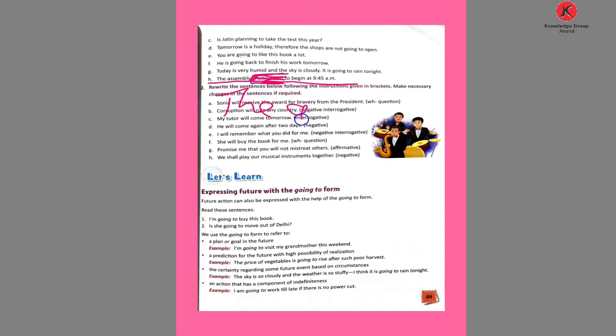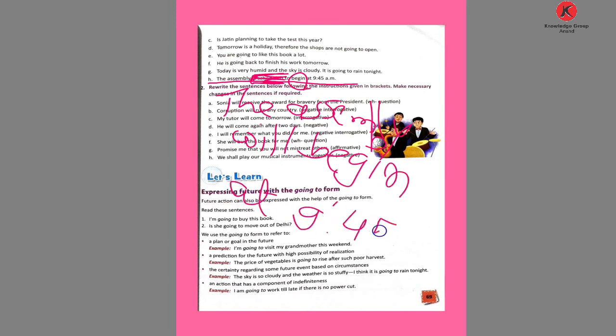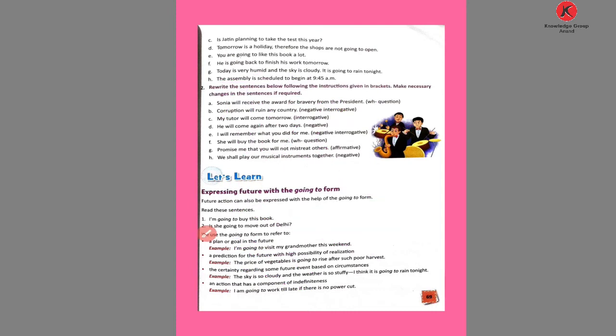The assembly is the subject. Then after the subject we use will, and what is the main verb here? Begin. Will begin, then at 9:45 a.m. The assembly will begin at 9:45 a.m. is showing the future event.